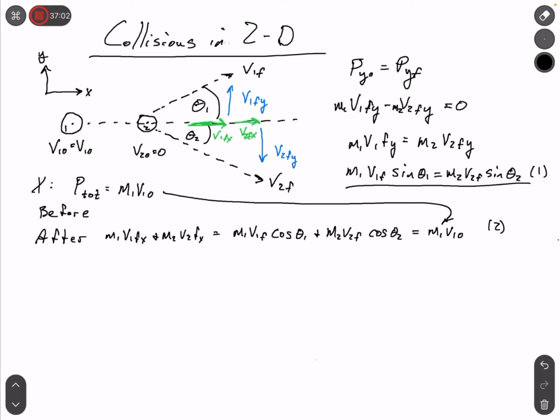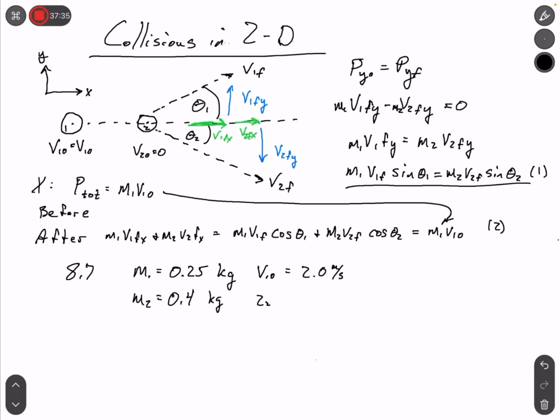And if we go into the book and we look at 8.7, we can use their numbers. M1 equals 0.25 kilograms. M2 equals 0.4 kilograms. Our V1 initial is equal to 2.0 meters per second.